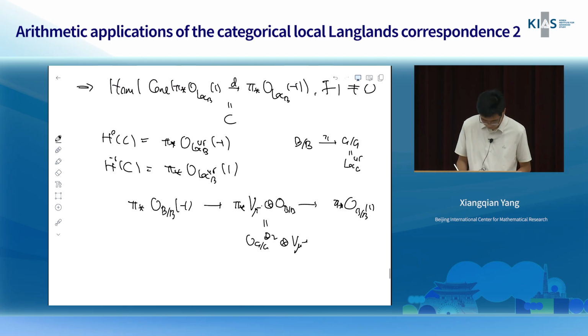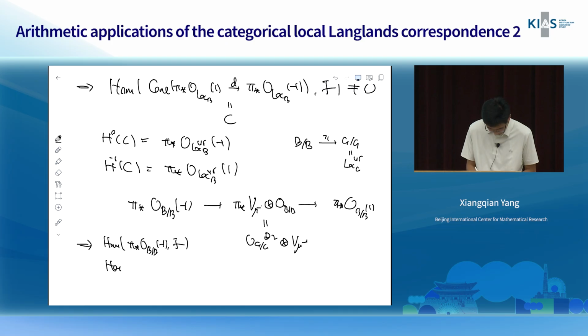So the upshot is that we know that this cone maps to F non-trivially. This implies that at least one of the Homs from pi star O on B mod B to F is non-trivial.